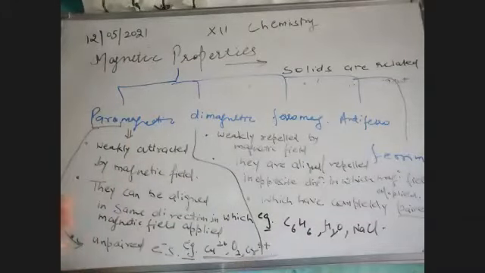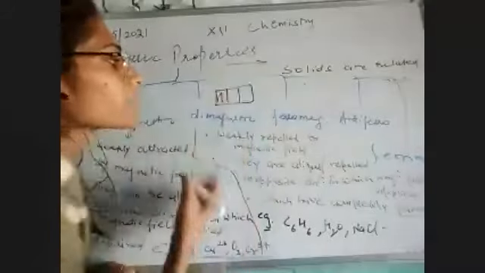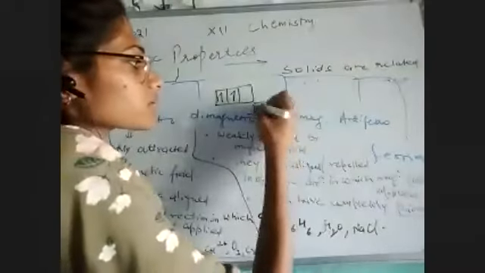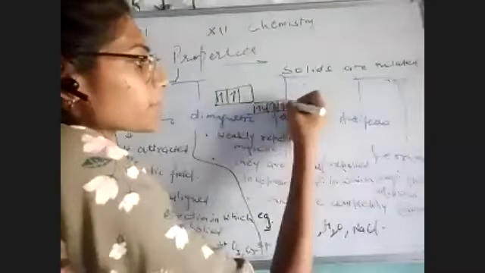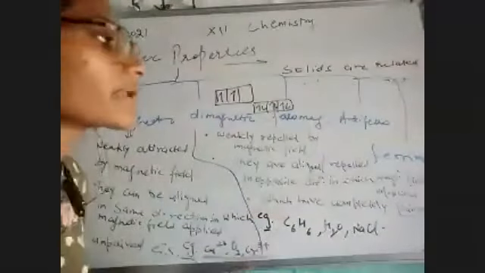I'm sure that you don't have any doubt about unpaired and paired electrons. I think you know that very well. Okay, so this is the difference between paramagnetism and diamagnetism.